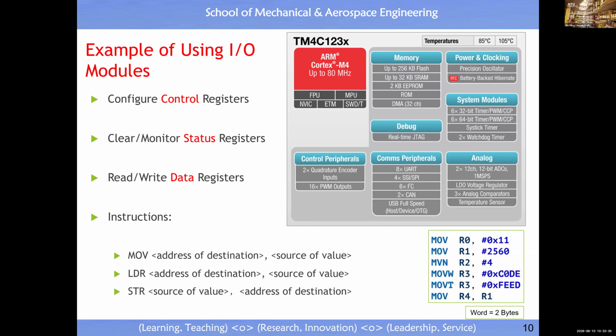But the challenge is when to use the control register, when to use the status register, when to use the data register. That needs you to build up experience. This is exactly like learning how to drive a car, right? To operate the steering wheel, to accelerate, to brake is very easy. Learning how to combine these three skills to drive a car from NTU to AUS requires experience, right?